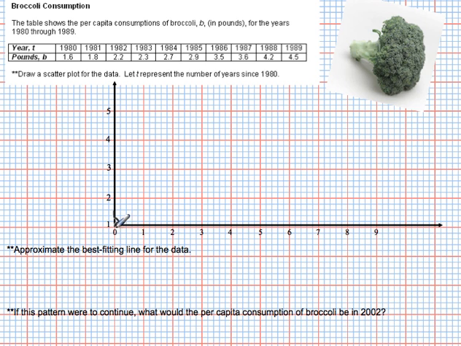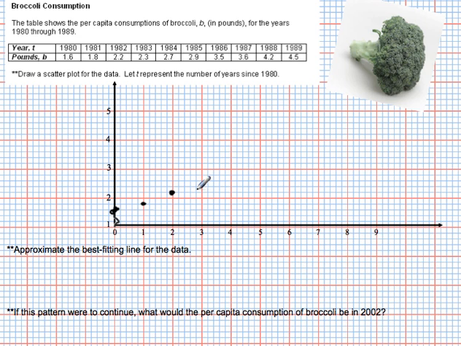So we were going to graph the point 0, 1.6. So that would be a point right about in here. And then 1981 would be year 1, and then we're going to go up to 1.8 and put a dot. Year 2, 1982, goes up to 2.2.